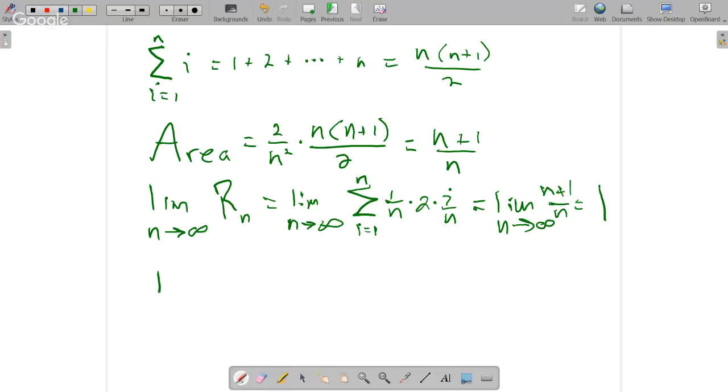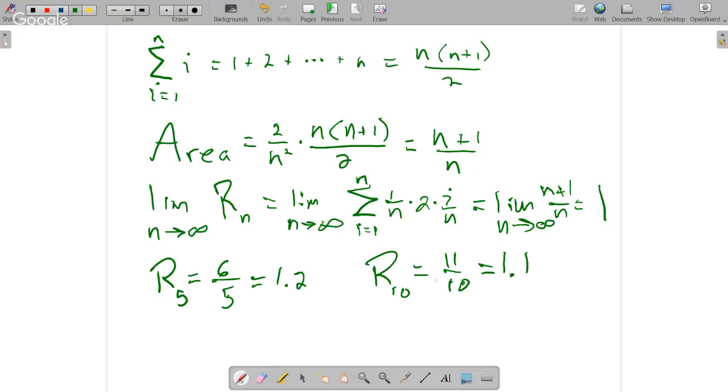For example, my formula tells me that using 5 rectangles with right endpoints, I'm going to get 6 over 5 as the approximate area, which would be 1.2. If I tried to use 10 rectangles, I'm going to get a better answer. That's going to be 11 over 10, which would be 1.1. I could keep using more rectangles and getting closer and closer, but what I found is that the actual area, because I could take the limit, is 1.